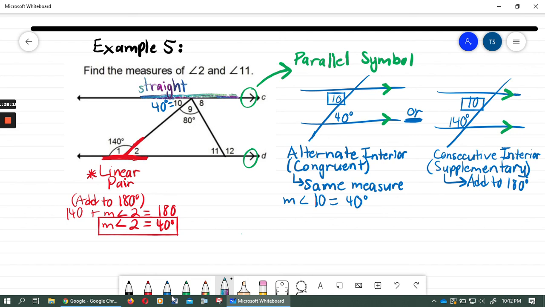It's a straight angle that happens to be made up of three separate angles, but it is still a straight angle. That straight angle right there is equal to 180 degrees.